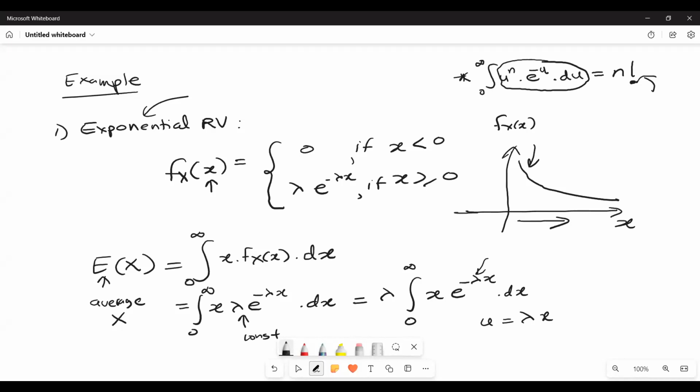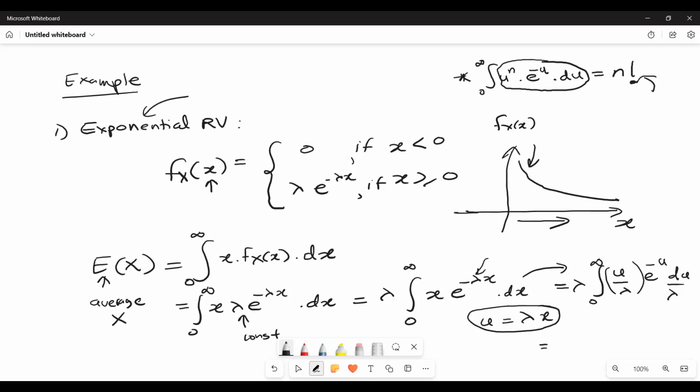By substituting u equals lambda x, I can turn this integration into the format where I have lambda, and then inside the integration, I will be writing the same integration in terms of u, and then u over lambda instead of x, and then e to the minus u, and then du divided by lambda, because of this relationship I'm considering.